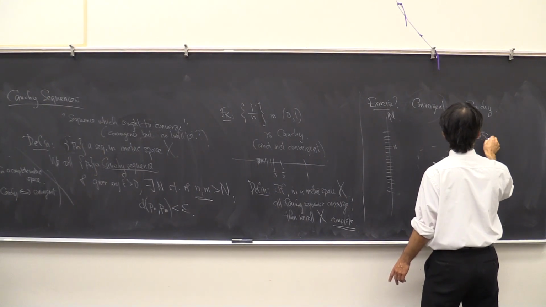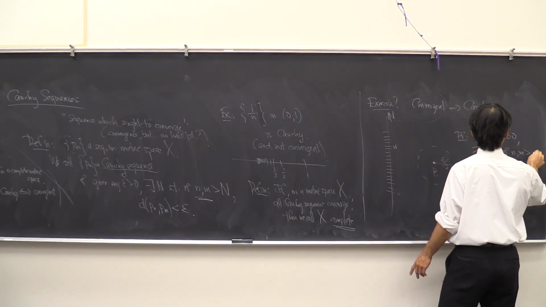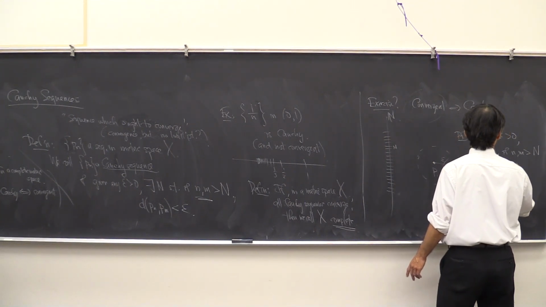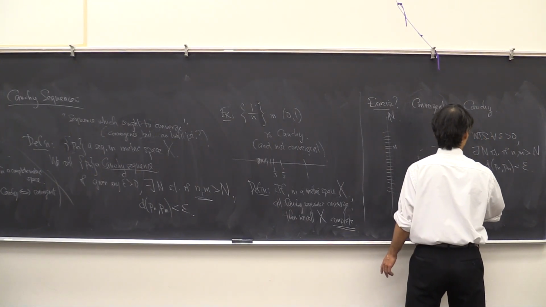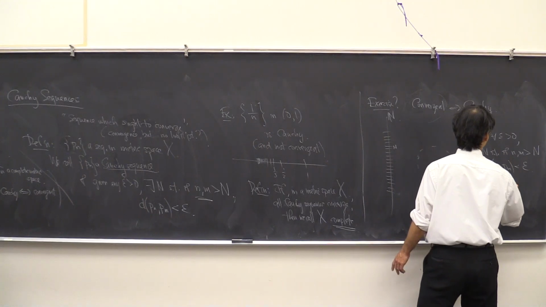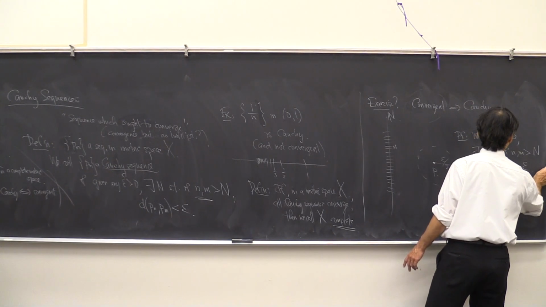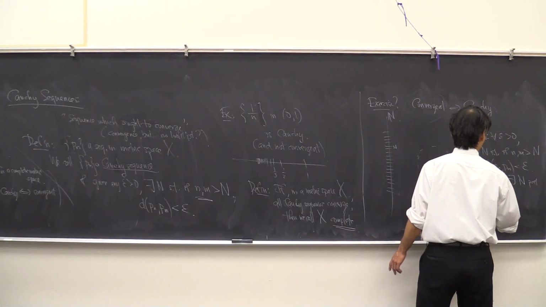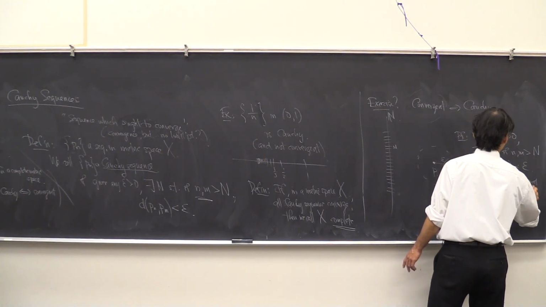We want to show that for all epsilon greater than 0, there exists an N such that if n and m are greater than it, then the distance between p sub n and p sub m is smaller than epsilon. Since p sub n converges to p, we know that there exists an N past which all p sub n lie in the epsilon over 2 ball of p.